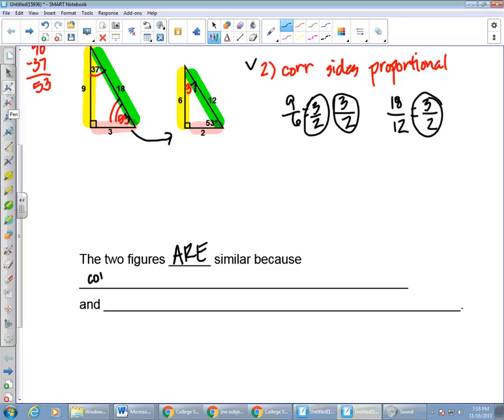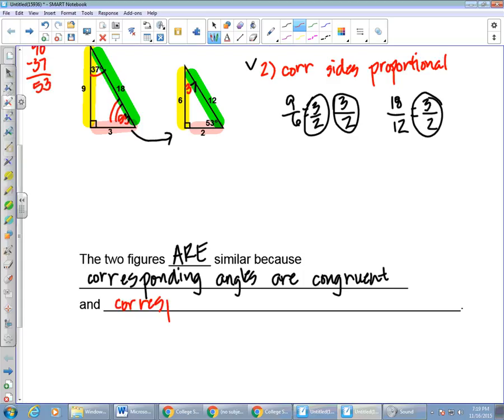This time I'm going to write it out: the corresponding angles are congruent and the corresponding sides are proportional.